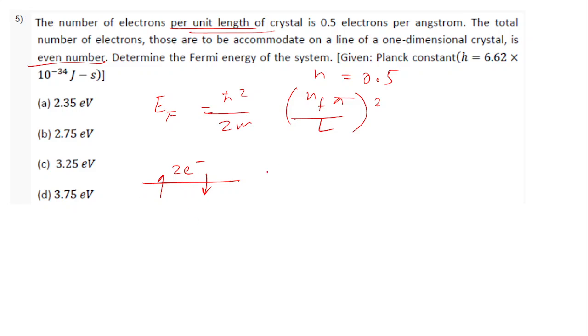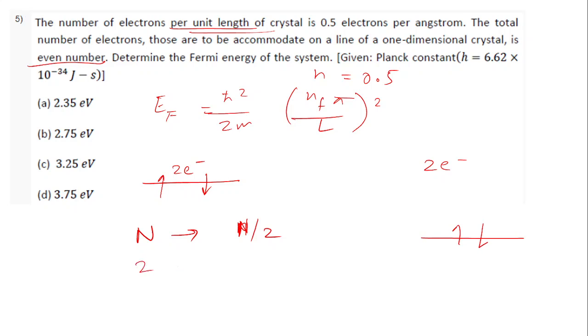And here, if we have n number of electrons, how many energy levels can they occupy? N by 2. Why? Because if I have 2 electrons, I can have both in one level.